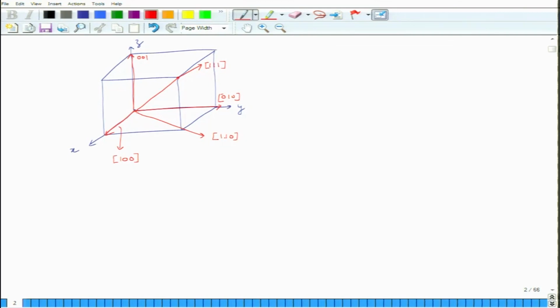If you consider this direction, 1 1 0. Now in direction also you have a concept of negative. So let's say if I want to draw 1 bar 1 0, then again I need to shift the origin appropriately. I can see that my one translation along y axis requires me to shift the origin in such a fashion so that I am able to move along negative y axis.